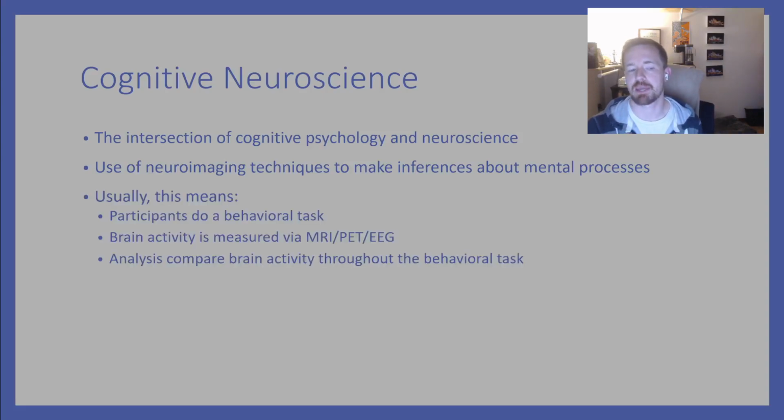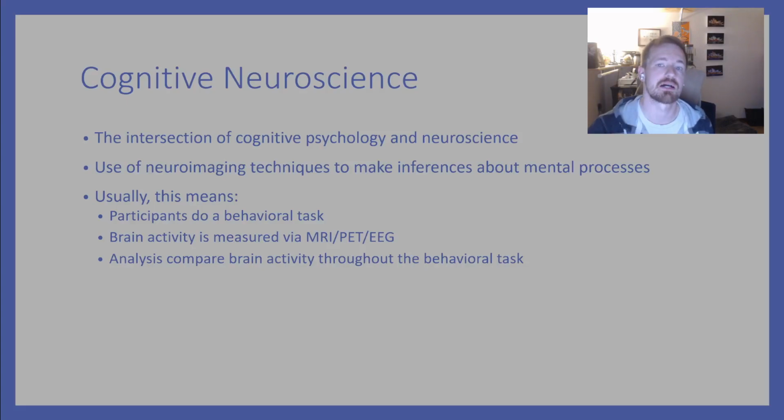Papers published in cognitive neuroscience usually have a dozen authors because you have people in really specialized fields: physicists, engineers, physicians, neuroscientists, and psychologists. It requires a lot of people to get this done.